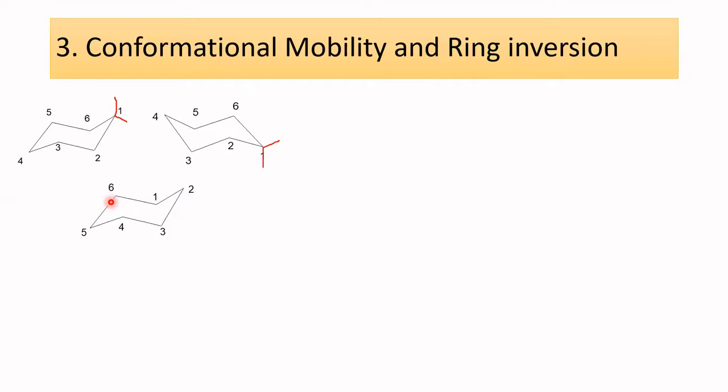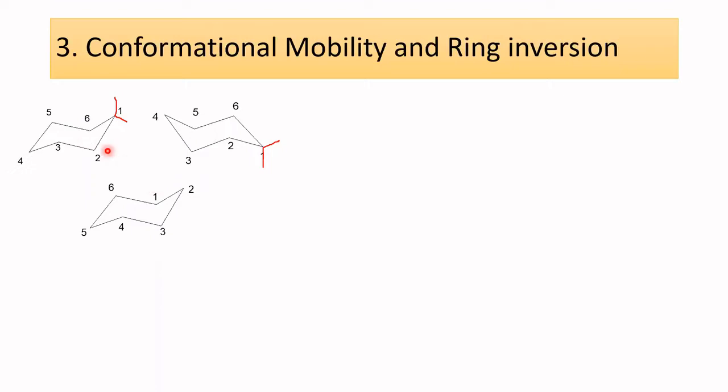Pseudo rotation. Now if you see, the pseudo rotation actually involves two ring flips. First, the ring will change from this structure to this structure. When this ring flips again, we get the previous structure back, an equivalent structure.